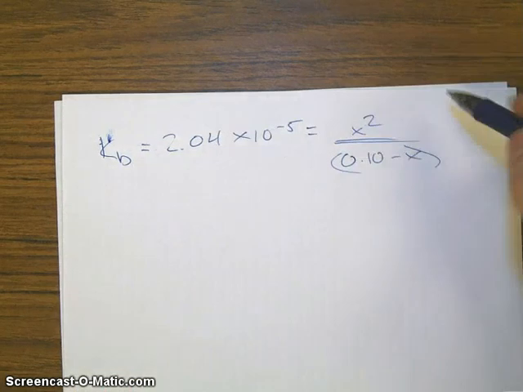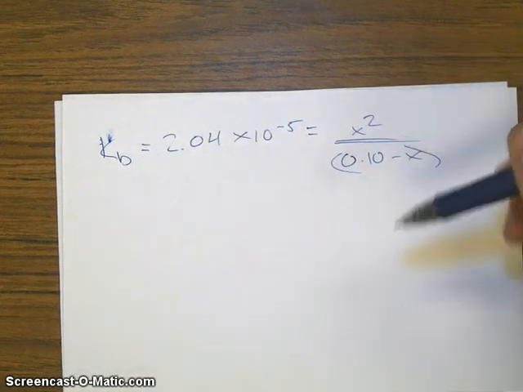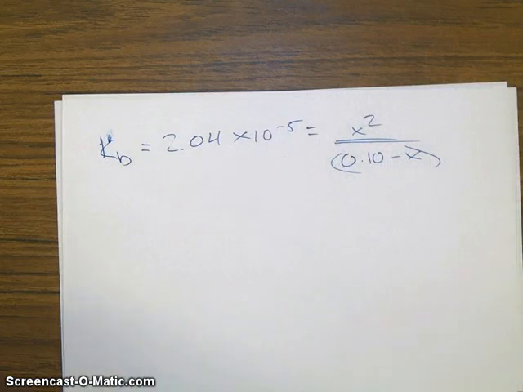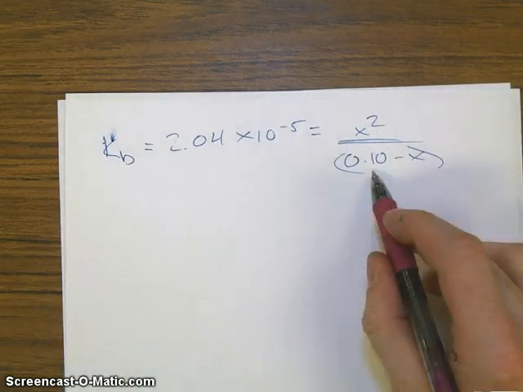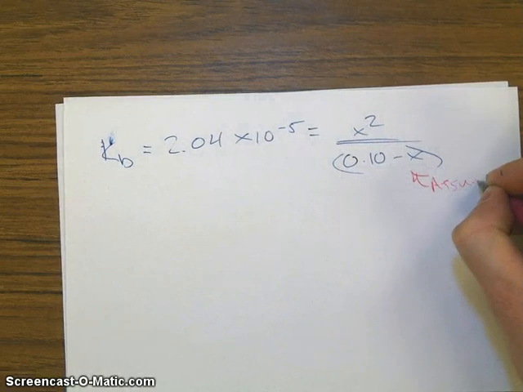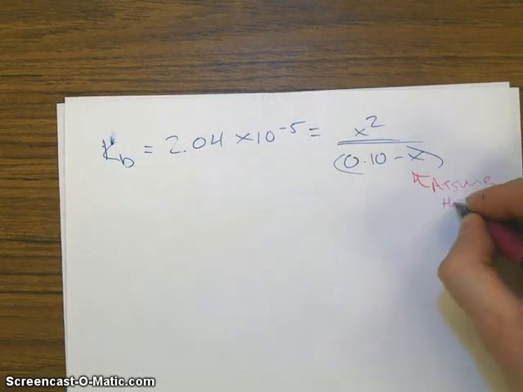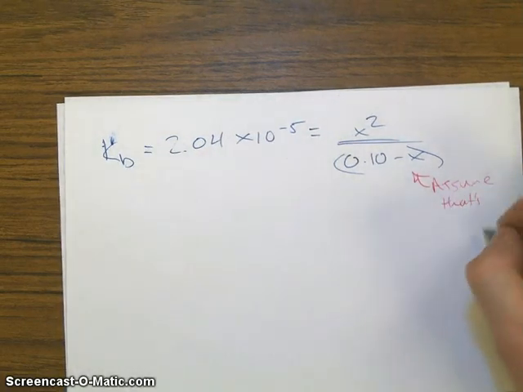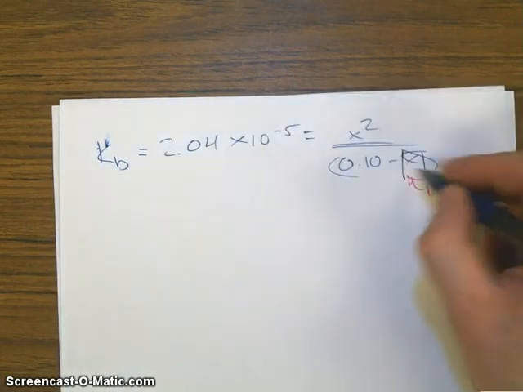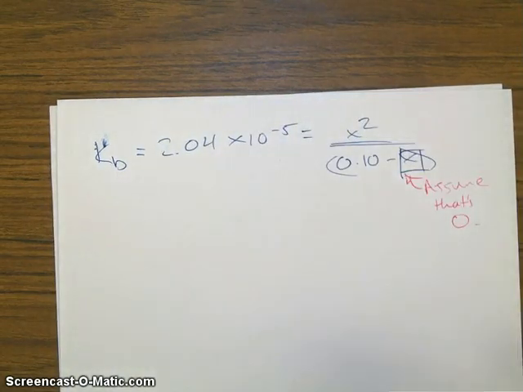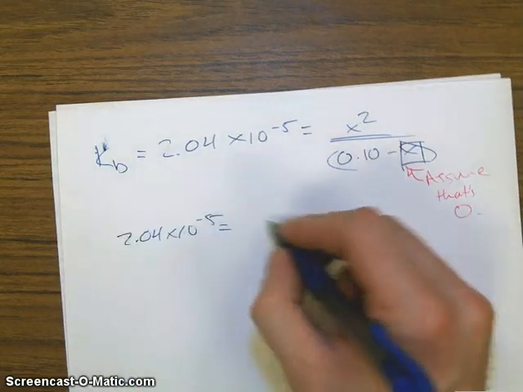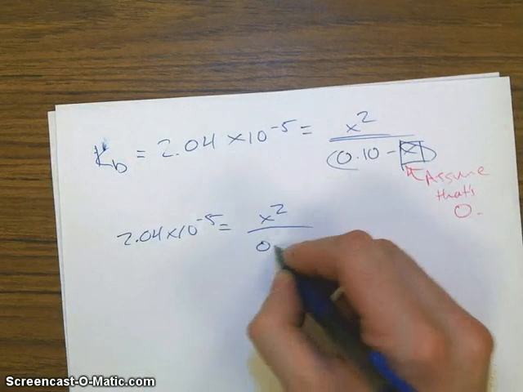You can either solve for x as a quadratic using your calculator, or because this value is really small, you can assume, and you have to write this down on your test, that it's 0. So if you assume that x in the bottom, just this one right here, is 0, what you get is 2.04 times 10 to the negative fifth equals x squared over 0.10.